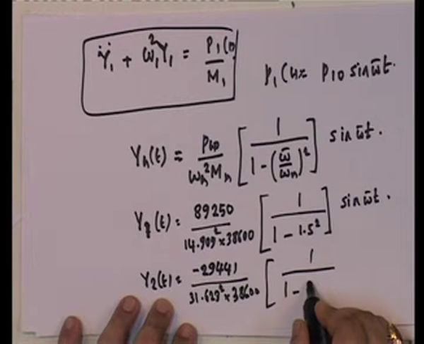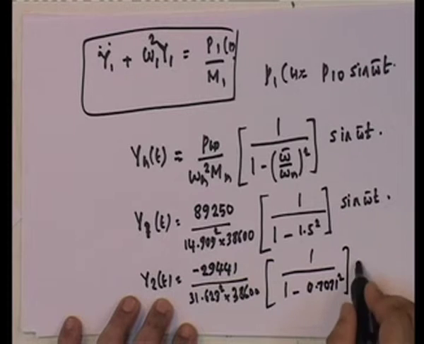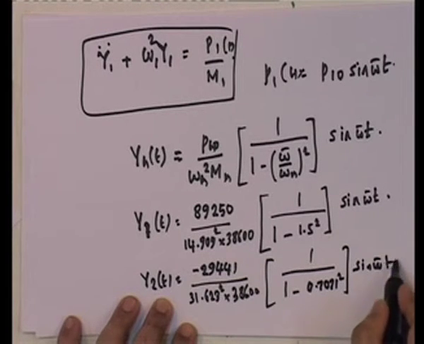If you do that, that turns out to be 0.7071 squared, sine omega bar t.